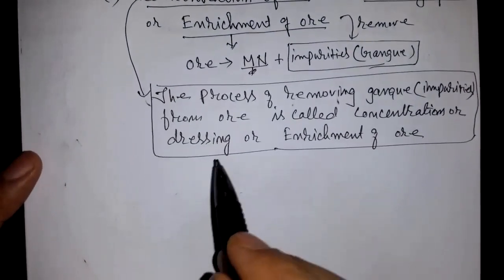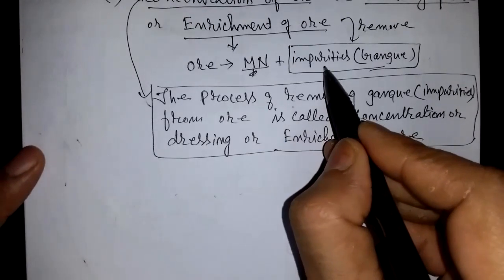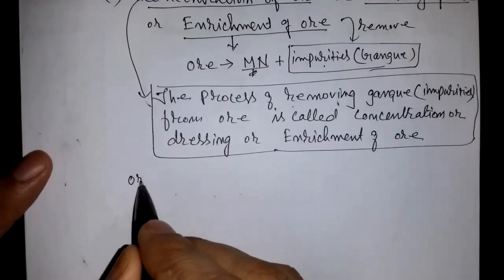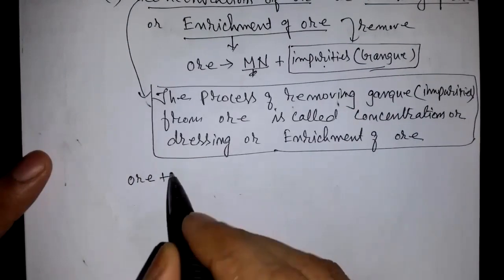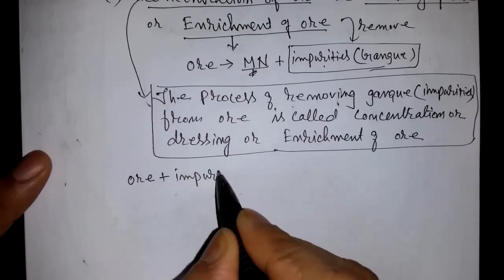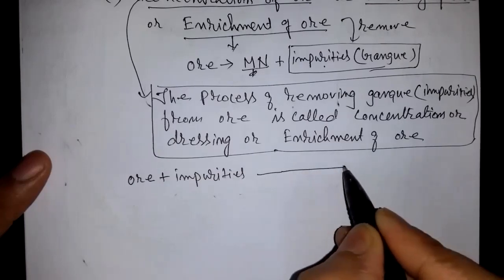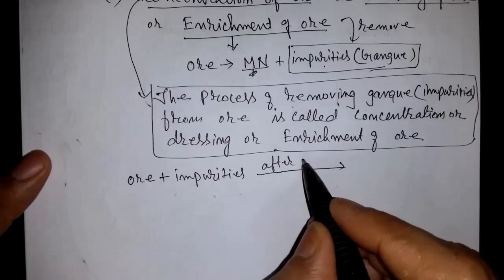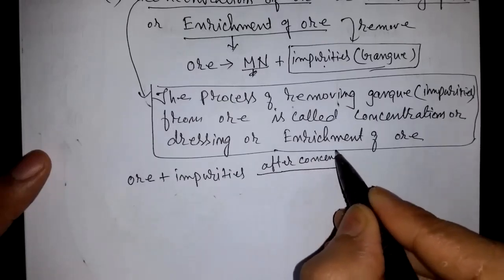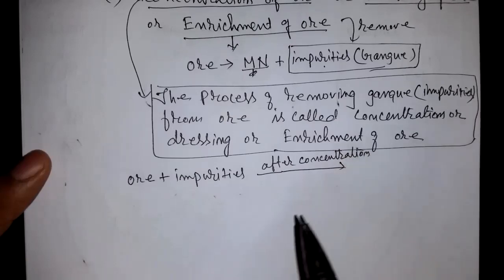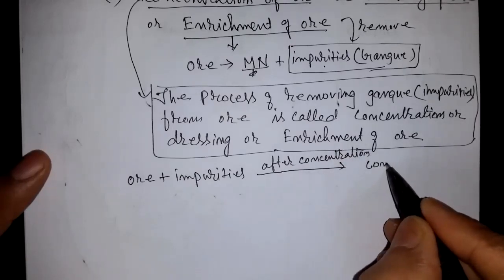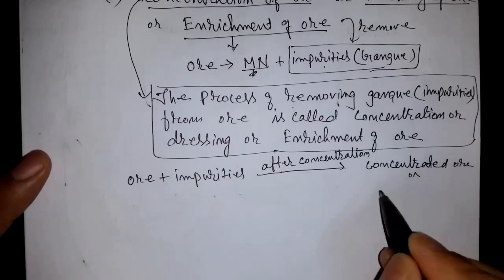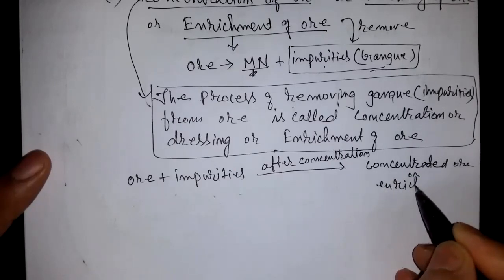After removing impurities, the ore is called concentrated ore, or enriched ore.